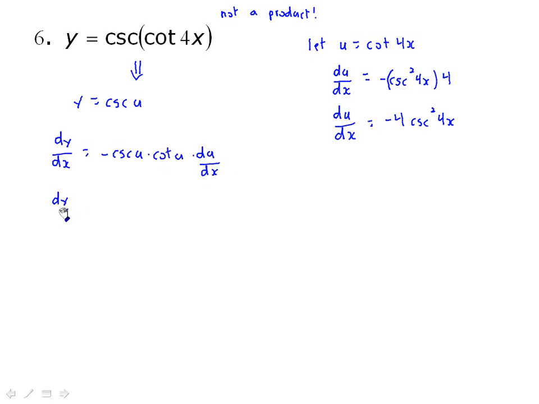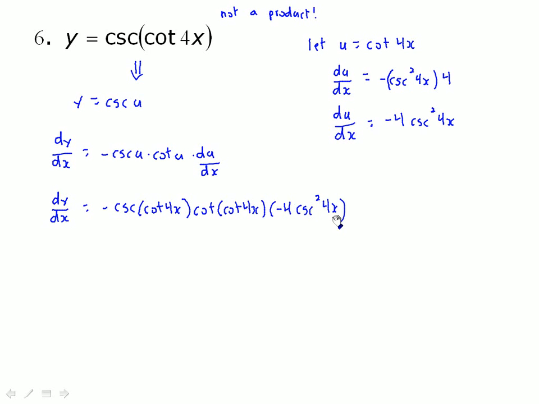So dy dx is equal to, well, negative cosecant of u, which is cosecant of cotangent 4x, multiplied by cotangent of u, which is cotangent of cotangent 4x, then multiplied by du dx, which is negative 4 cosecant squared 4x.